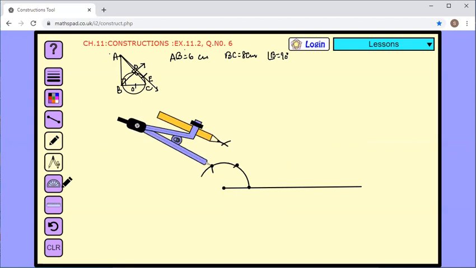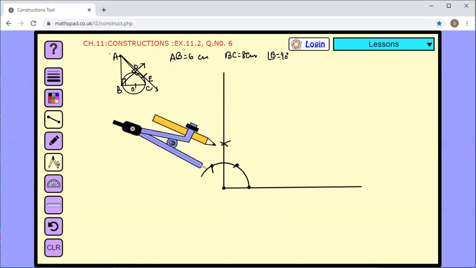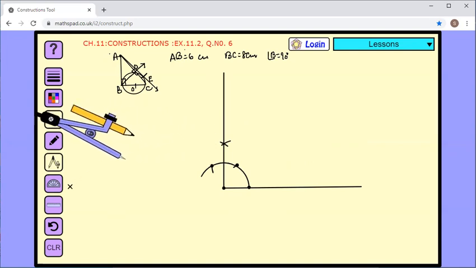This way you'll be constructing a 90-degree angle. Once the 90-degree angle you are finished with, then again you have to open your compass equal to 6 centimeter.